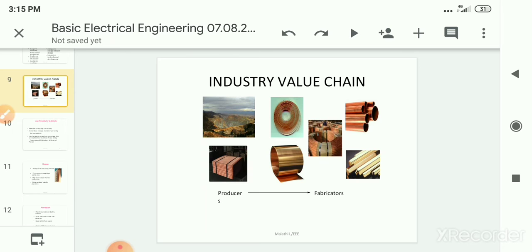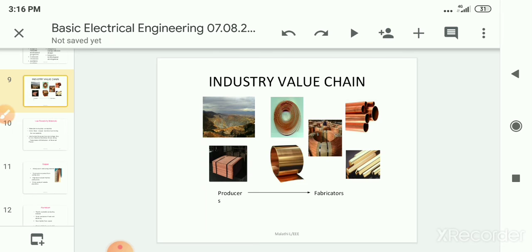This hard drawn copper is very hard and has higher tensile strength than annealed copper. It is commonly used for overhead line conductors, high voltage underground cables and bus bars.